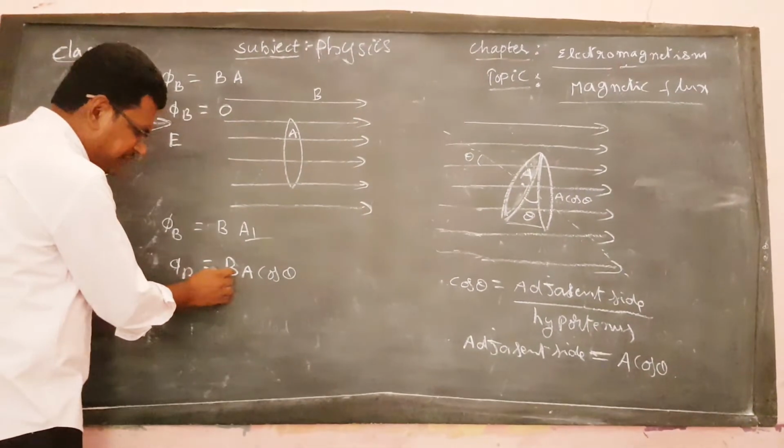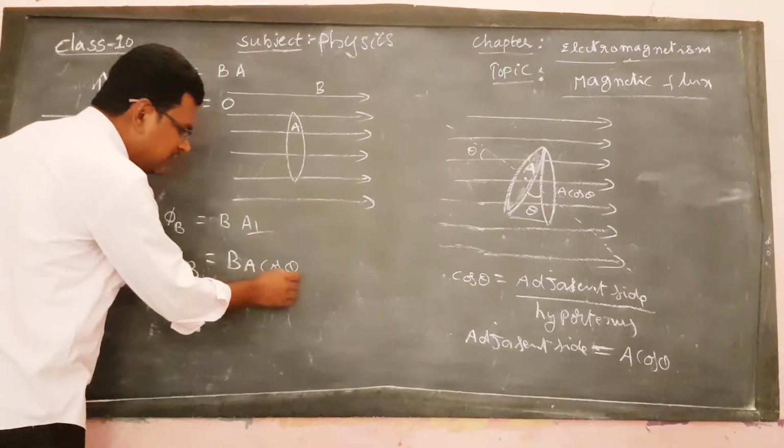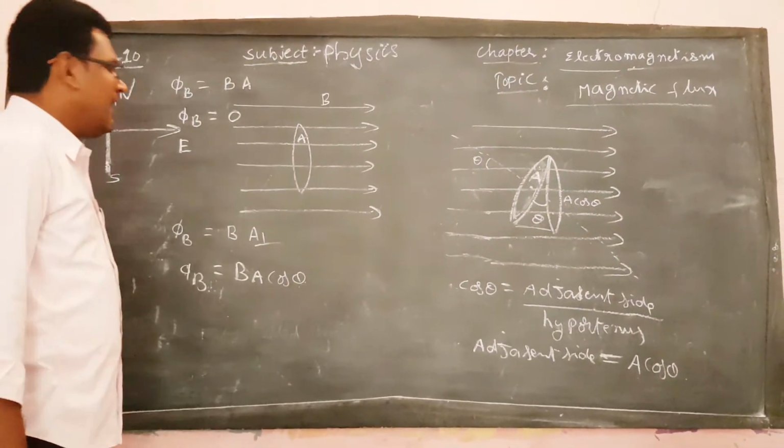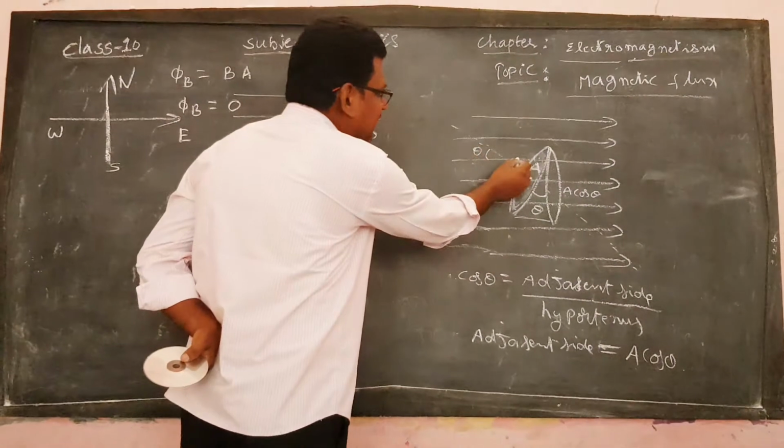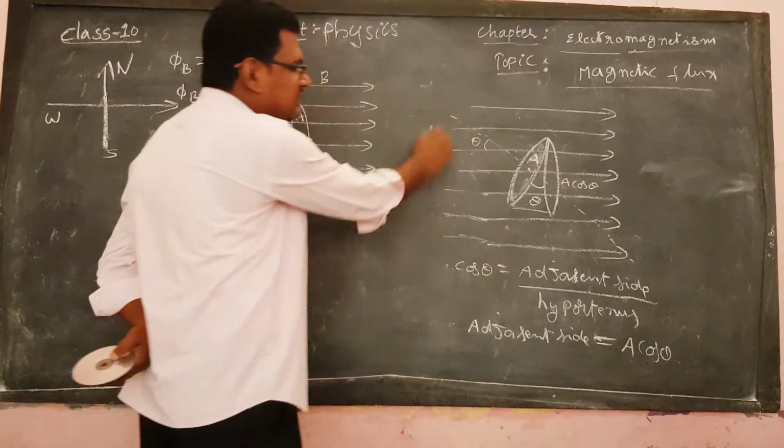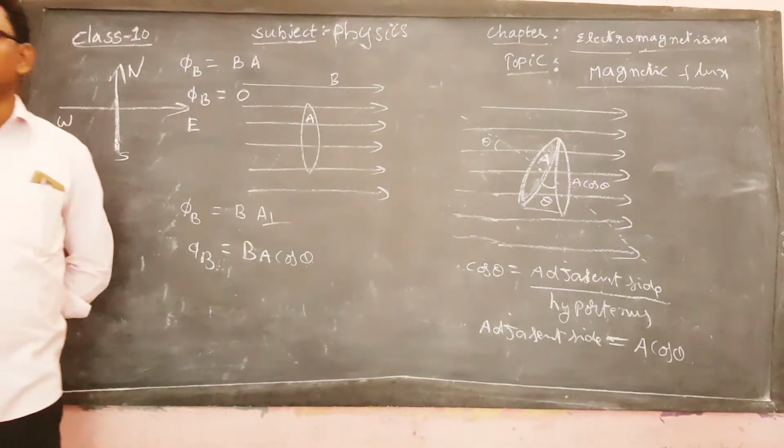Here B is the magnetic field, A is the surface area, and theta is the angle between the magnetic field and the normal to the surface area. Be careful.